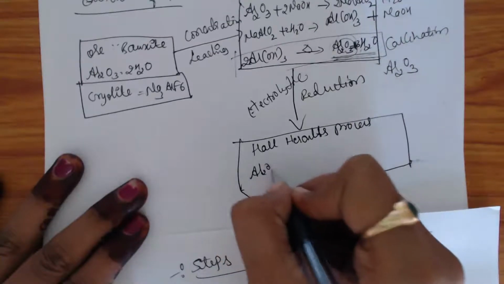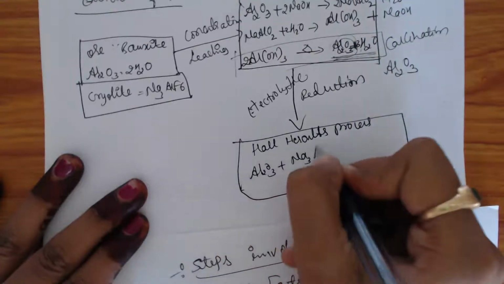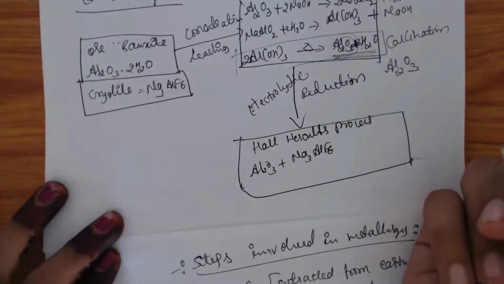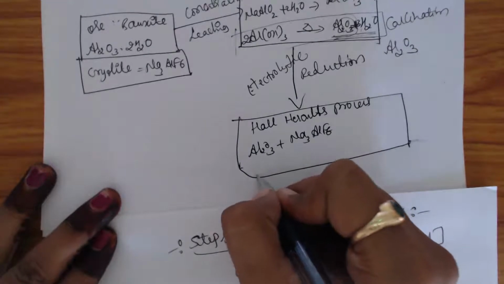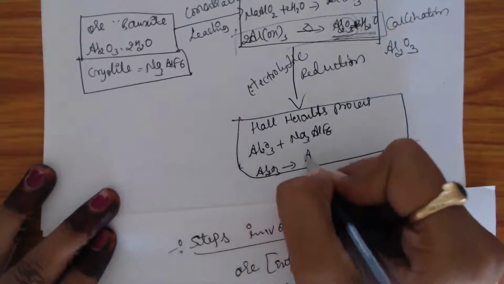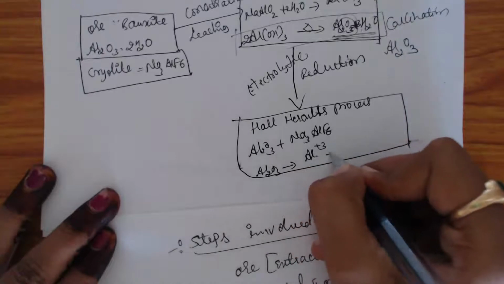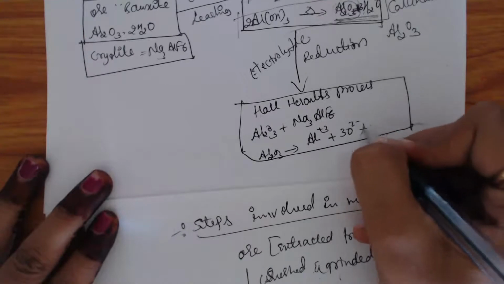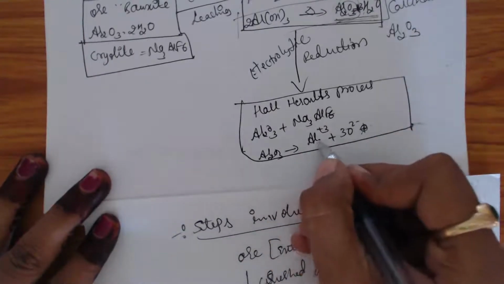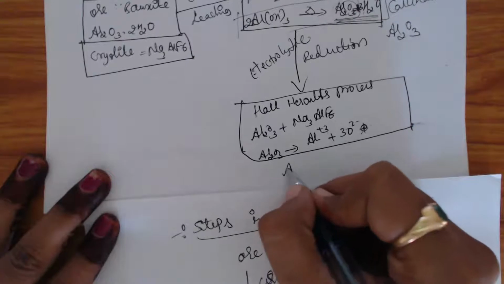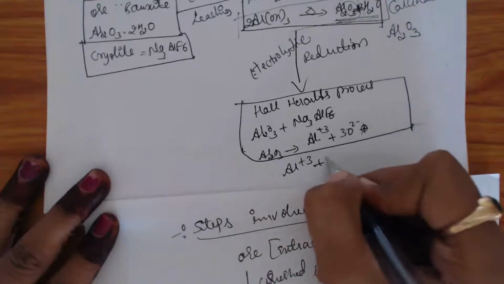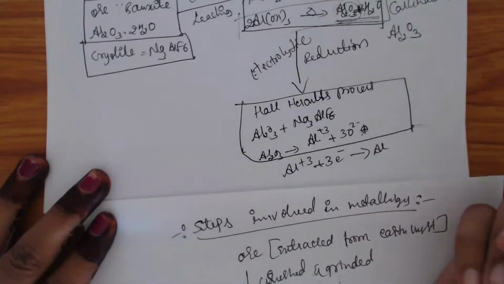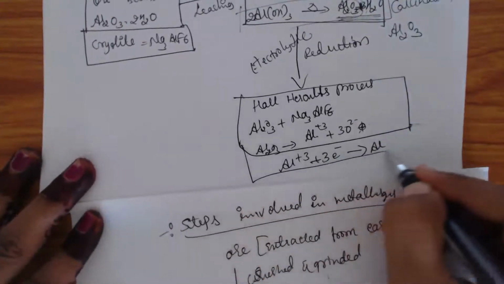This aluminium oxide is treated with cryolite. Then Al2O3 dissociates into Al3+ and O2-. There is loss of electrons, that is, ionization takes place. This Al3+ accepts 3 electrons and forms Al. This is the reduction process.